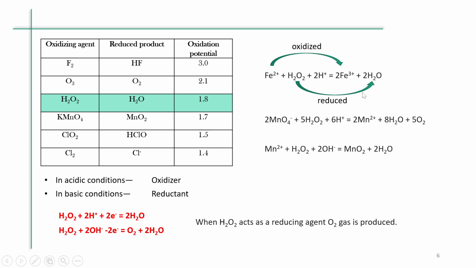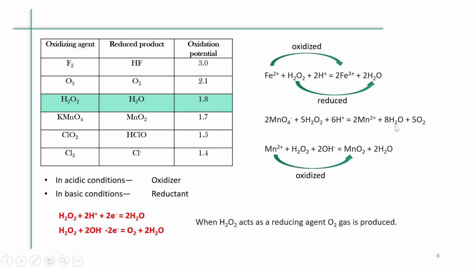How do you identify the reduction? Here the oxidation state of oxygen in H2O2 is -1, but in H2O it is -2. So one electron it is taking. That means H2O2 itself is getting reduced to H2O, but iron 2 plus is getting oxidized.